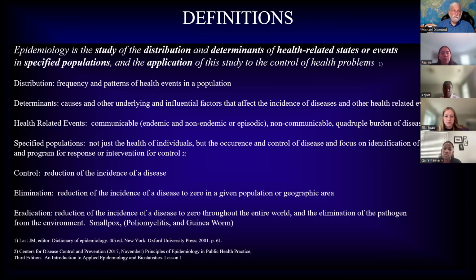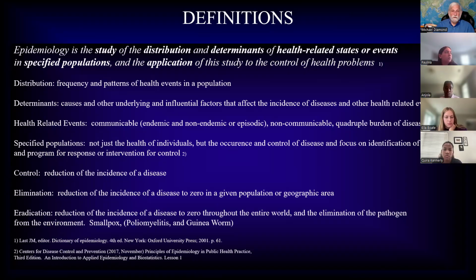The distribution is the frequency and patterns of health events in a population. The determinants are the causes and other underlying and influential factors that affect the incidence of disease and other health-related events. A health-related event can be communicable, both endemic and non-endemic or episodic, and non-communicable.